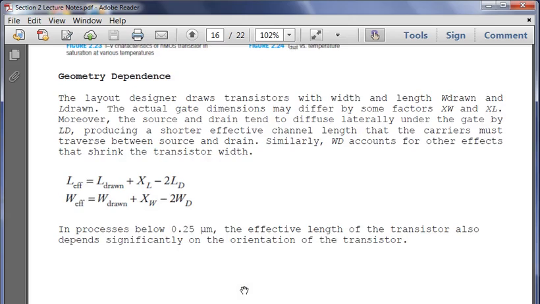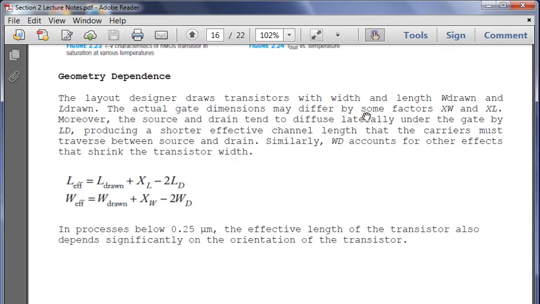So now we've talked about layouts, and we're going to talk about electrical considerations for the VLSI designer. The effective width and the effective length are equal to the length and width that you've drawn plus your XL and XW, giving the actual gate dimensions.